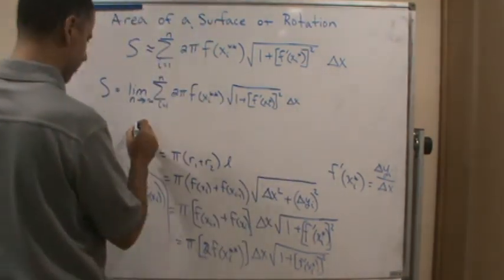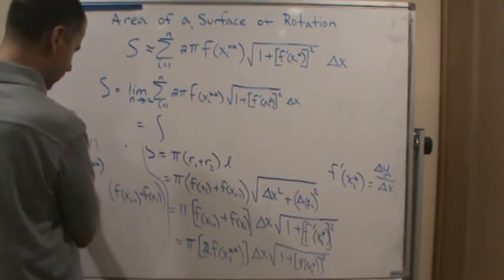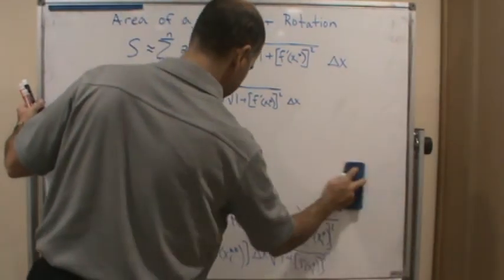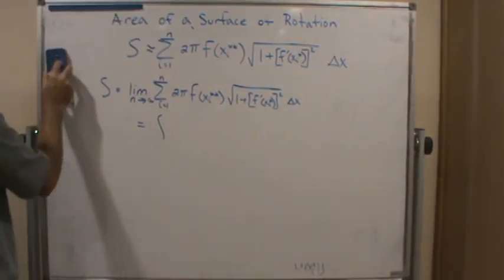Let's put it down here. So this is going to give us the integral. And now I'm going to erase all this because we don't need it. Served its purpose.